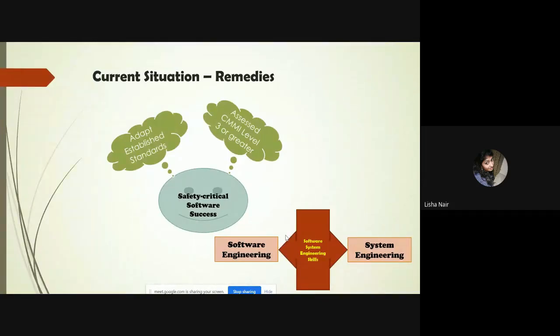You should not just have knowledge about software, or just knowledge about system. You should have a combination. The software system engineering skill is what would bridge the gap between these two engineering disciplines, which could be the best remedy to get a successful safety critical software.